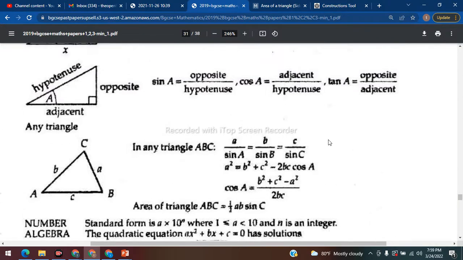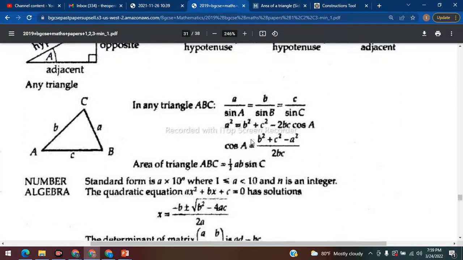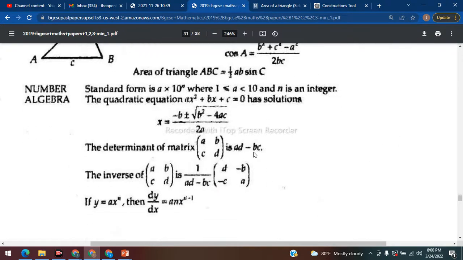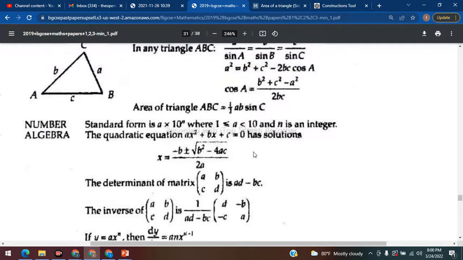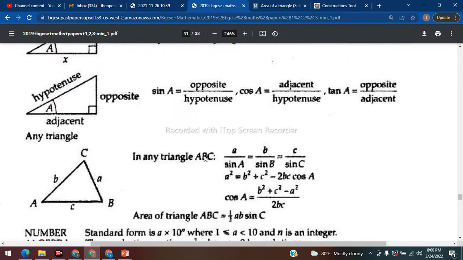Otherwise, they give you like 5 sheets of formulas. They did their best. They put cos of A equals B squared plus C squared minus A squared over 2BC, and then you just need to use this and take the cosine inverse of both sides. I think they did a good job with the formula sheet. They even give you the quadratic formula, and they give you Pythagoras.